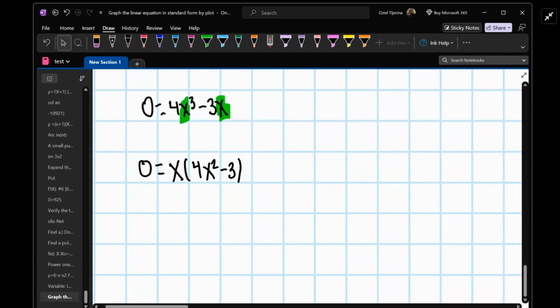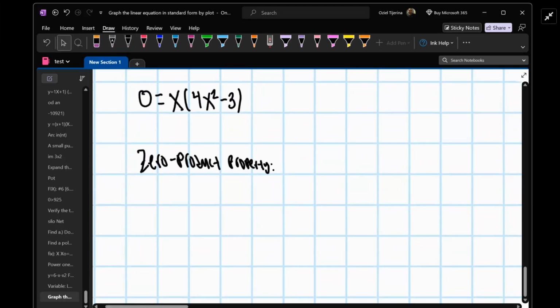And then what we're going to do is the zero product property. So we have x equals 0, or 4x squared minus 3 equals 0.